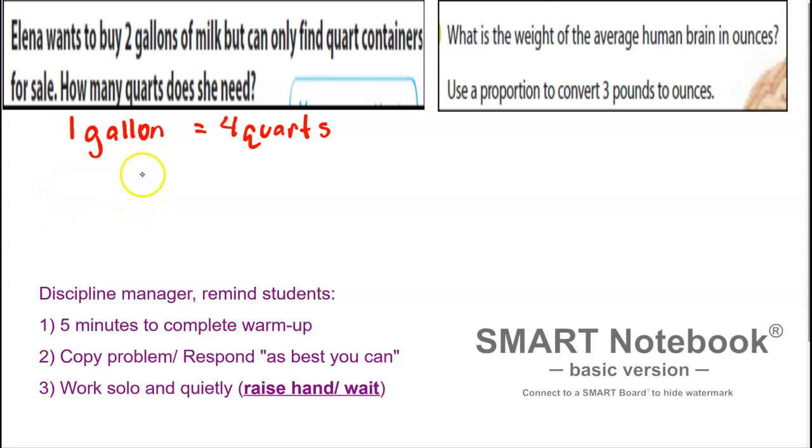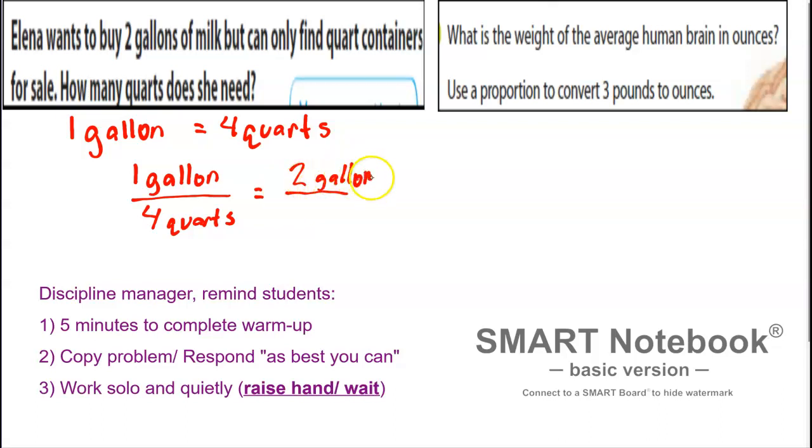We'll have 1 gallon is 4 quarts, that's a ratio, which equals 2 gallons over, we don't know how many quarts, so we'll leave it blank.